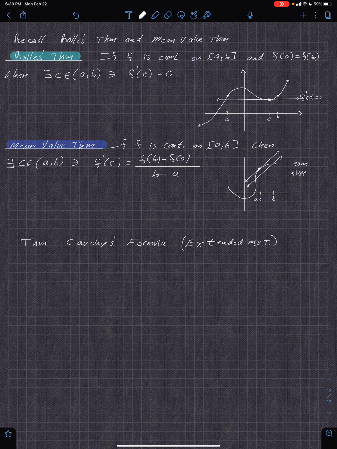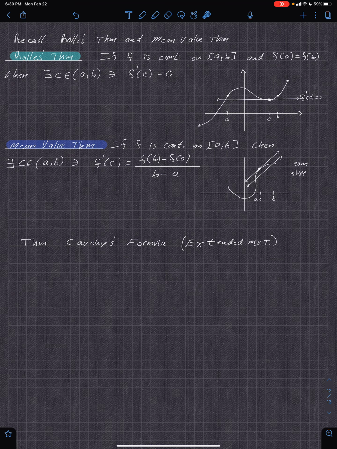So let's talk about Rolle's theorem, mean value theorem, and then we'll get on to what's called Cauchy's formula or Cauchy's theorem. So Rolle's theorem states this. This would have been talked about in Calc 1.